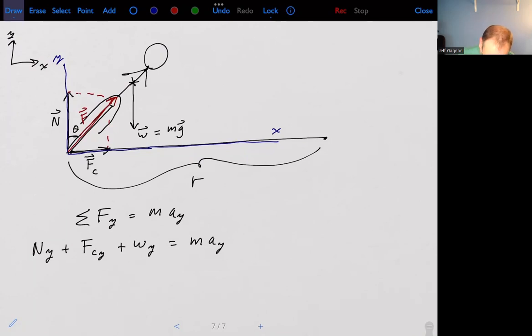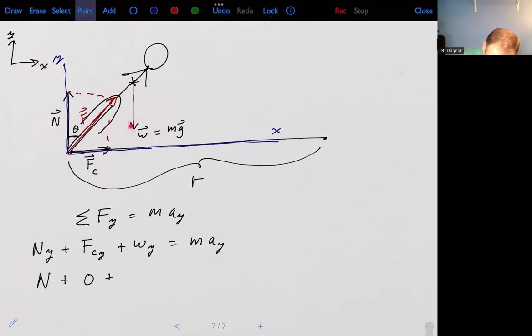So what is the Y component of the normal force? All of it is acting in the positive Y direction, so this is all of N. What's the Y component of the centripetal force, this static frictional force? None of it acts in the Y direction, so that's 0. And the Y component of the weight?